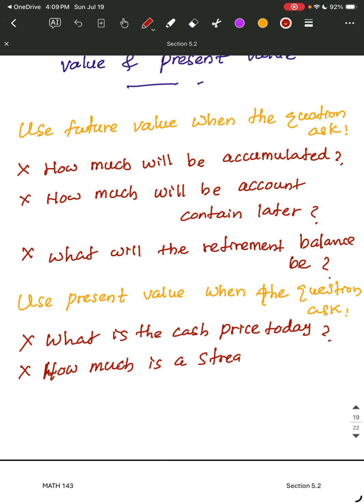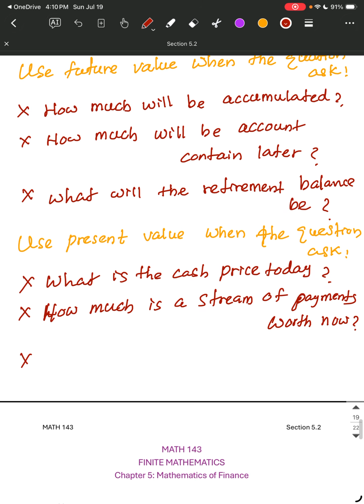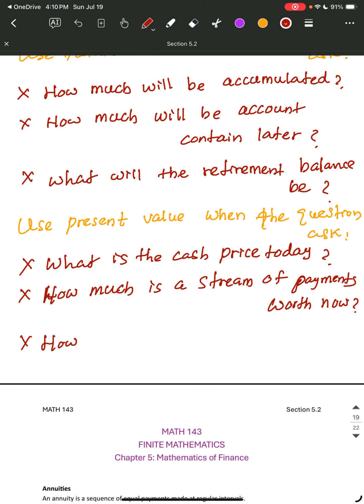Also, how much money is needed today to fund future payments? Right? Okay. Then let's see the example.